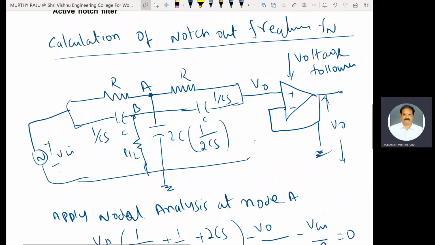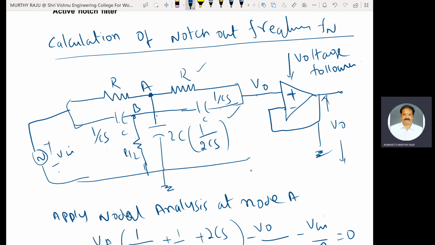Coming to equation number 3, apply nodal analysis at the non-inverting terminal of the op-amp. V0 into 1 by R plus 1 by CS, these branches are connected, minus the adjacent node voltages: VB minus VA by R, minus VA by R, and minus VB by 1 by CS.